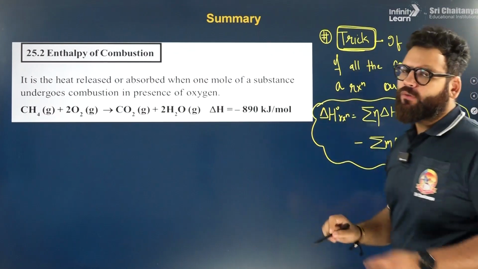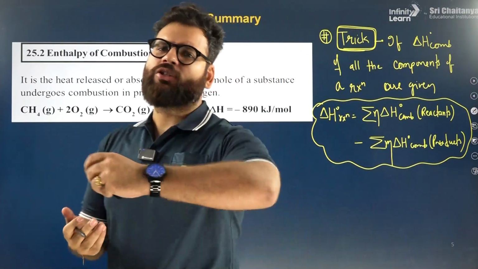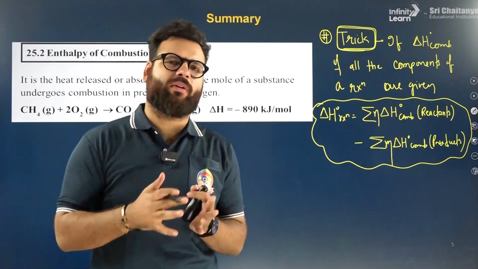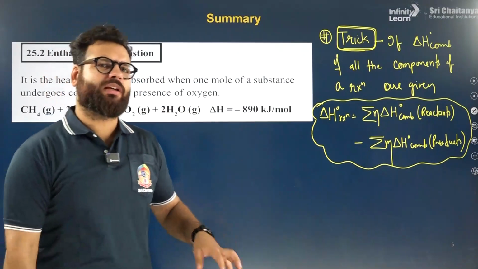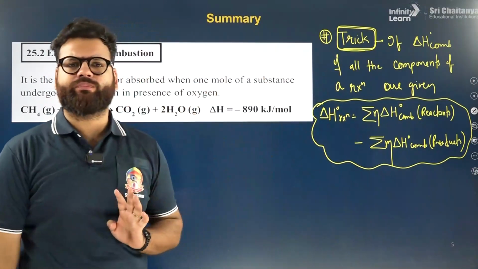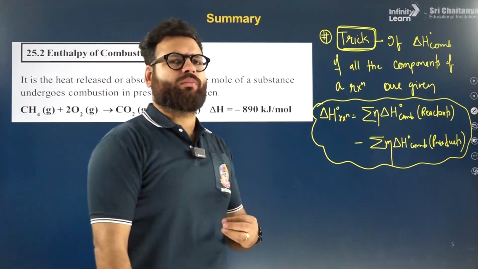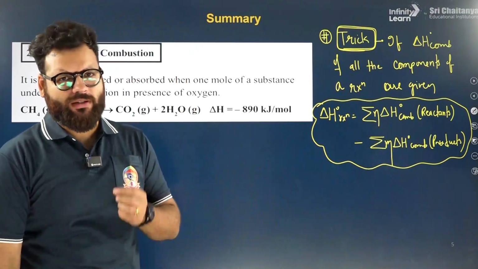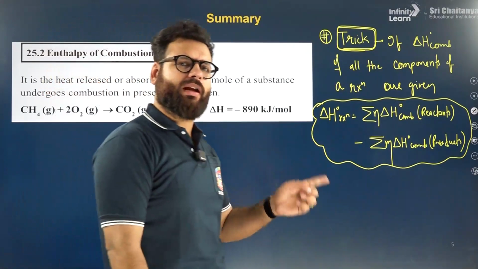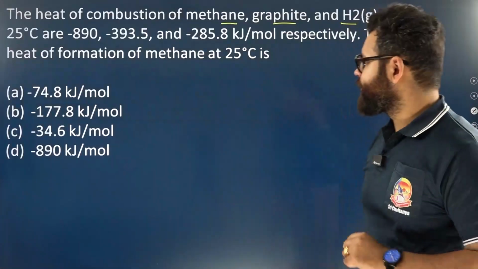Don't worry about where this formula is coming from, because just now I'll show you Hess law. It is actually coming from Hess law only. Every time when you use Hess law, this formula will automatically come. Don't have to learn this formula. If you can learn, it is good. It will make you do the question a little faster. Combustion reactant minus combustion product.